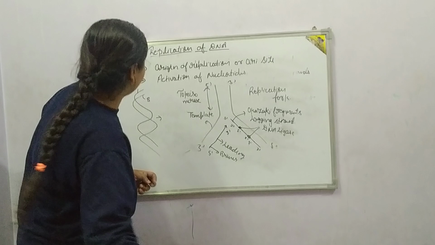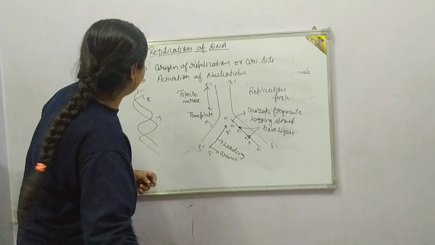If this was A, then it will be paired with newly synthesized A1. If this was B, then it will be paired with newly synthesized B dash or B1. So they are semi-conservative in nature.